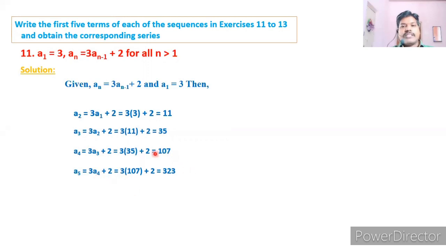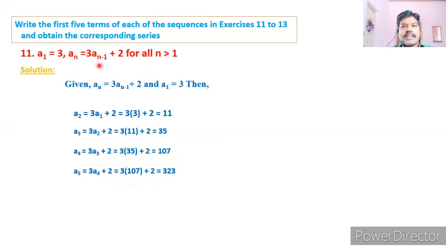The A4 value is 107. Replace that value here: 3 into 107 plus 2. 3 into 107 is 321, plus 2, it becomes 323. Do all of you understand, students?